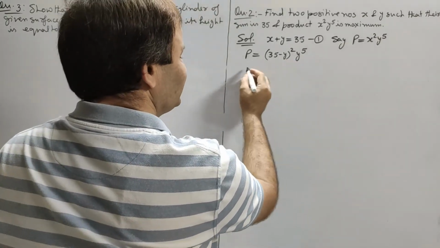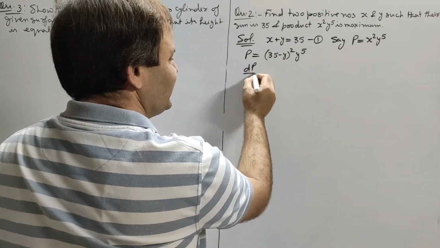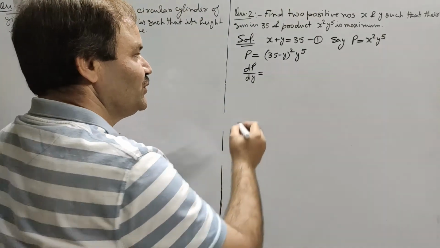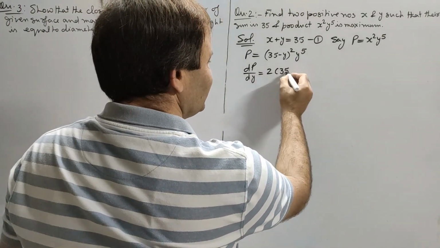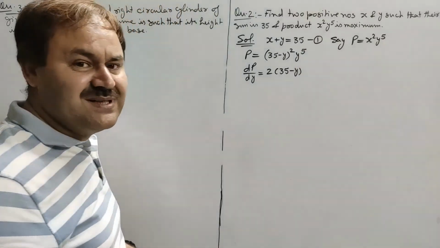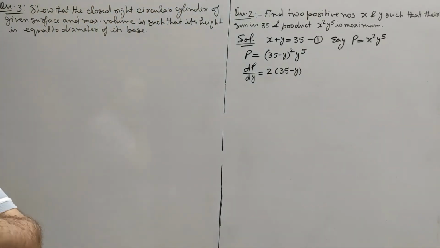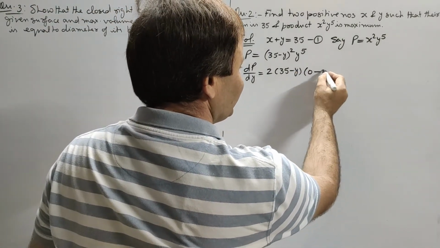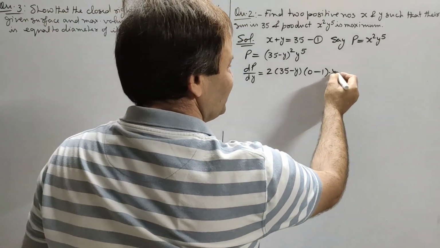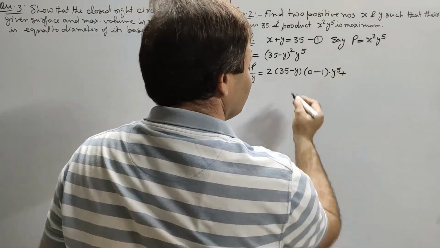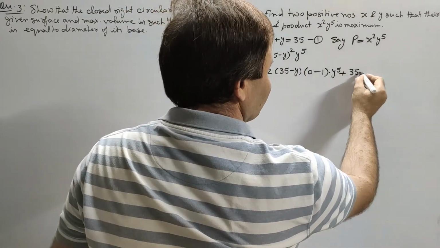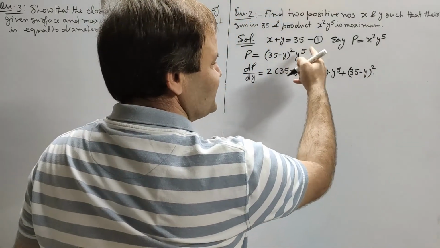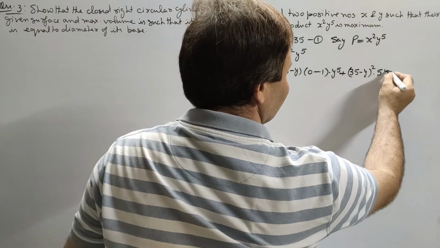So if we differentiate, then we will get dP by dy is equal to, we can apply the product rule, 2 (35 minus y) raised to the power 2 minus 1 and into differentiation of 35 minus y, and that will be 0 minus 1, into y to the power 5 as such, plus (35 minus y) whole square into differentiation of y to the power 5.